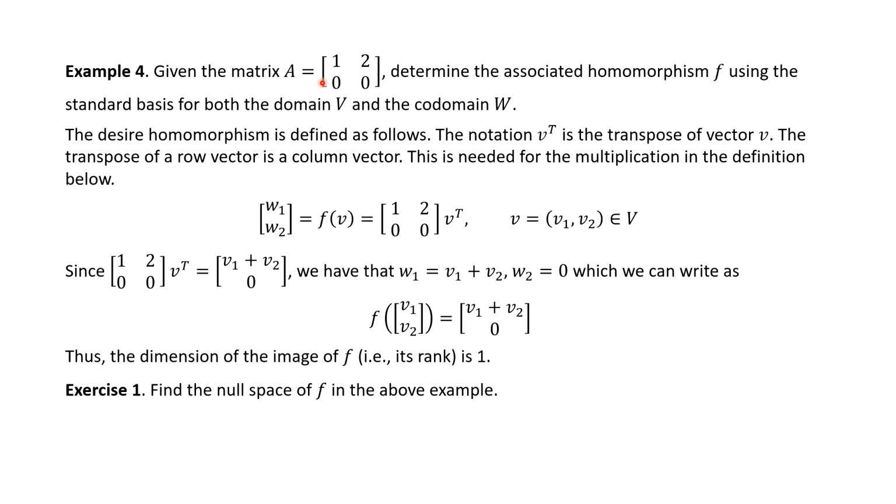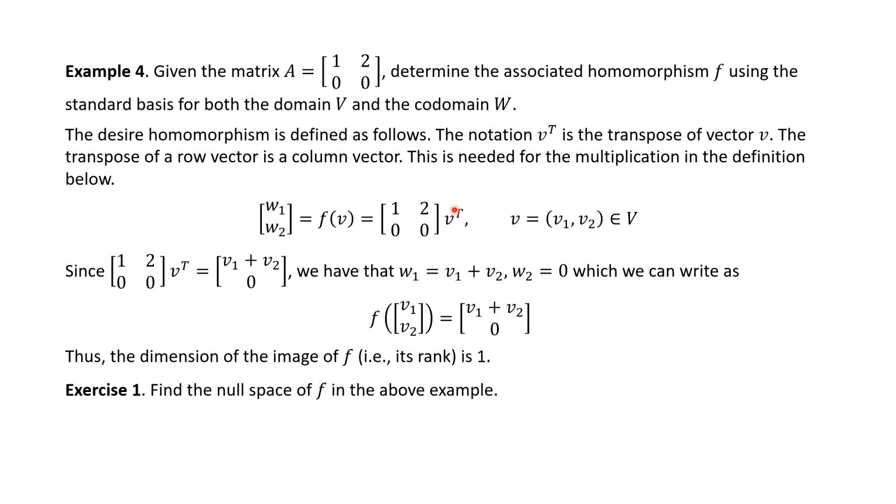For our second example, we're going to use the standard bases. We're given a 2 by 2 matrix, A equals [1, 2; 0, 0]. And from our theorem, we can represent a homomorphism by this mapping here, just the matrix times the vector.